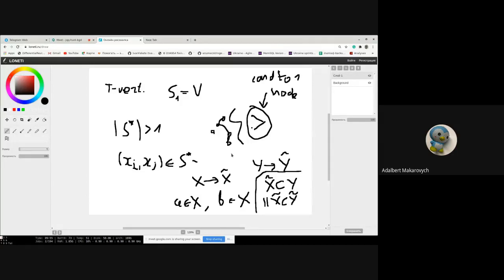So at each step, we'll add one new vertex. So the algorithm takes exactly V steps. For each step, we'll have one iteration of the min cut problem.